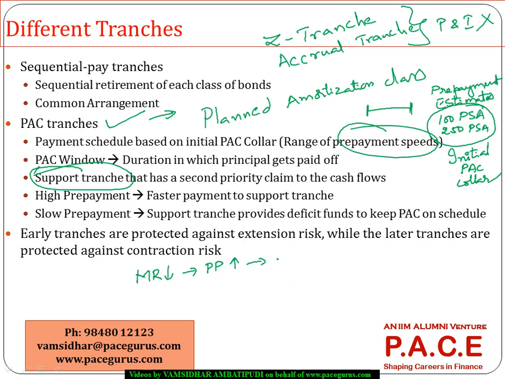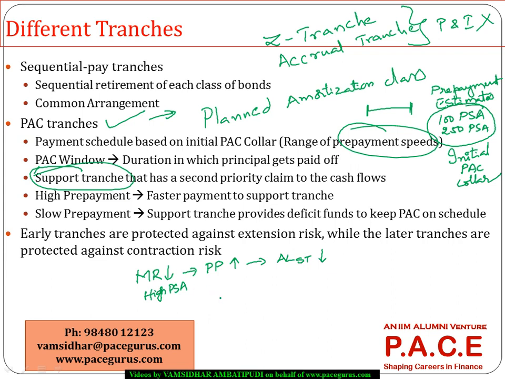Because prepayments increase, the average life of the support tranche decreases, right? So even if mortgage rates are decreasing, or if I am using a higher PSA benchmark, the prepayments are increasing and the average life of the support tranche is decreasing quite drastically.